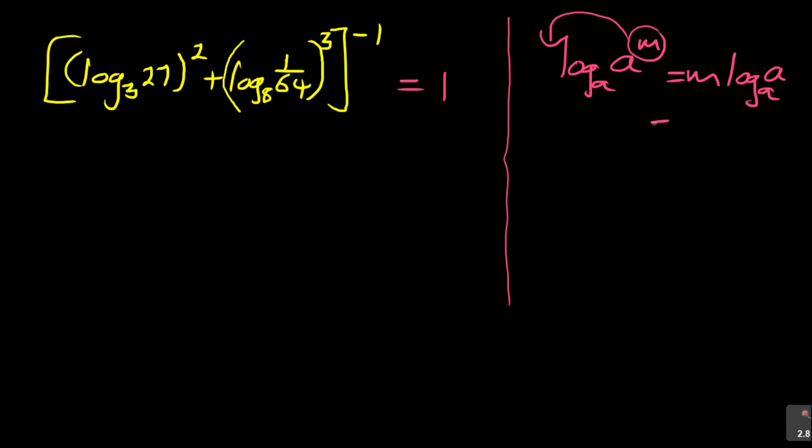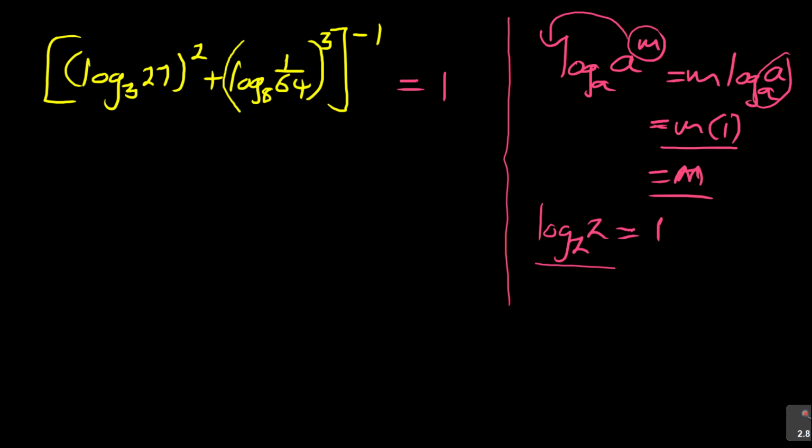See that? Which is equal to, it doesn't finish there. When the base and the number are the same, you have got m times 1, because that is 1, which is equal to m. So when you've got, for example, log base 2 of 2, the answer is simply 1. Are you getting that?